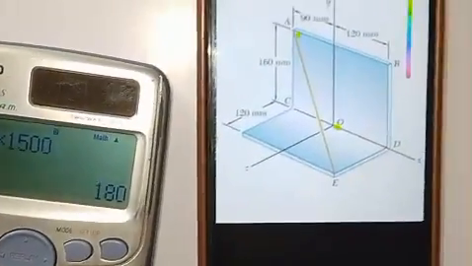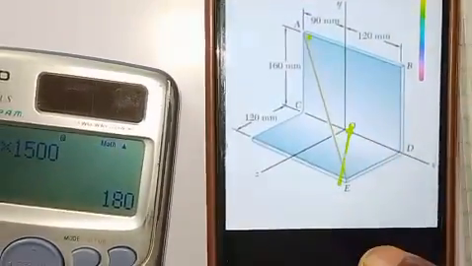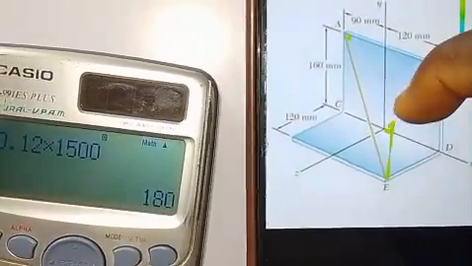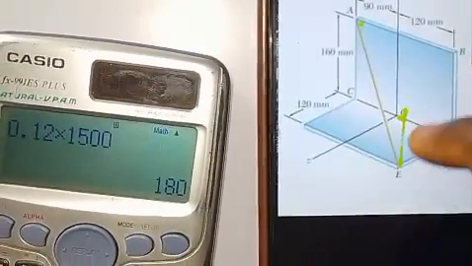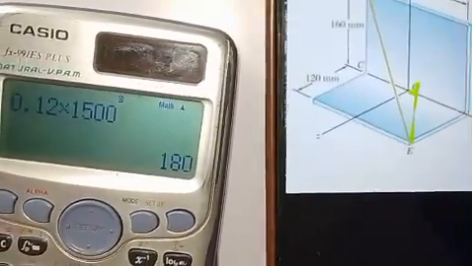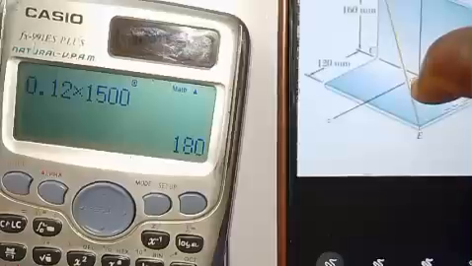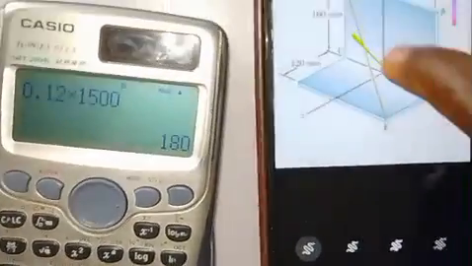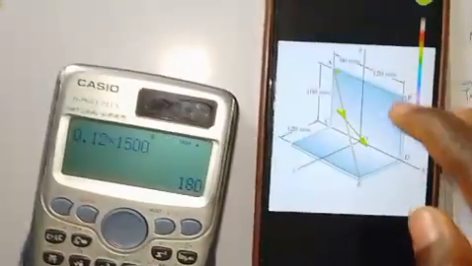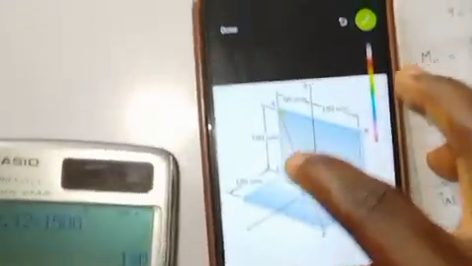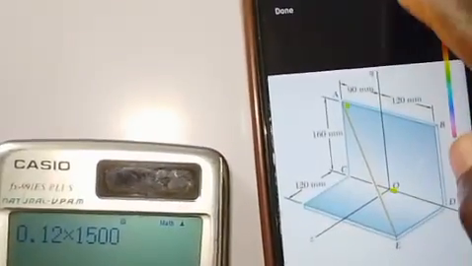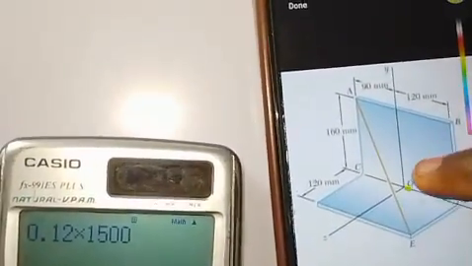In this case, I'm connecting it to E, but you can also do it for A because A is also on this line of action. You might be wondering why I can't pick this other point. The reason is, if we pick this point here, we won't be able to detect its position. So we pick the easiest one, the one whose position we can easily detect. That's the one we pick.